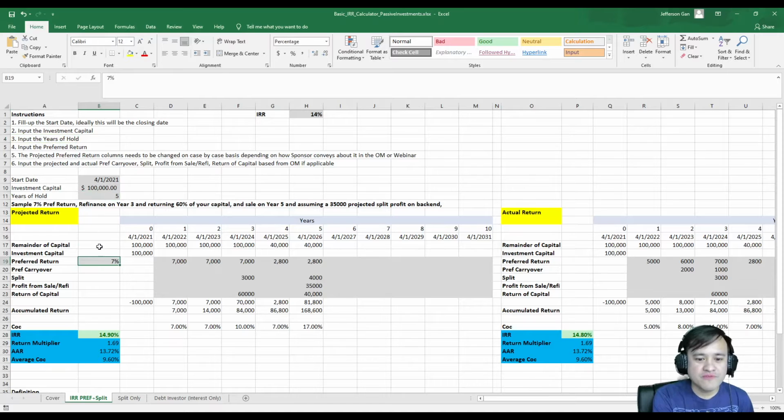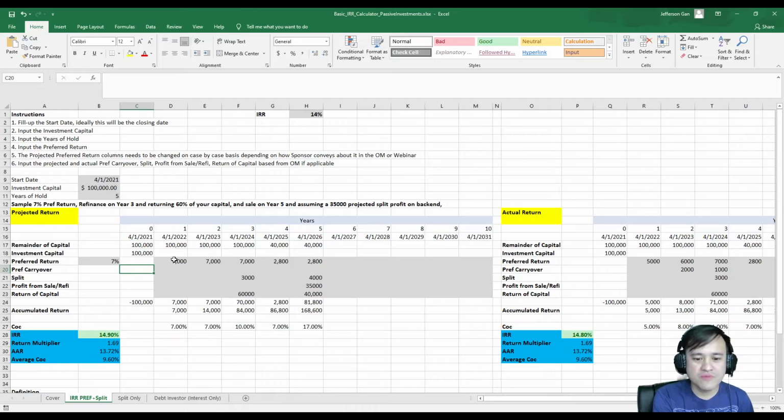Once you have the preferred return, this will default the projected return side to the preferred return that you put here. In this case, it's 7%. This whole section of the projected return can change depending on the OM specified by the sponsor.